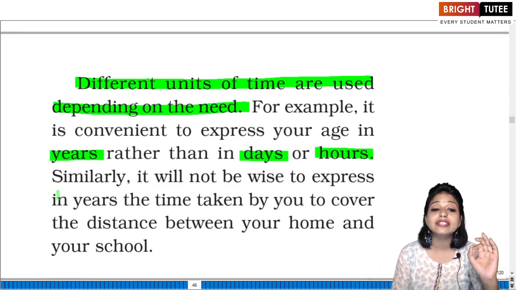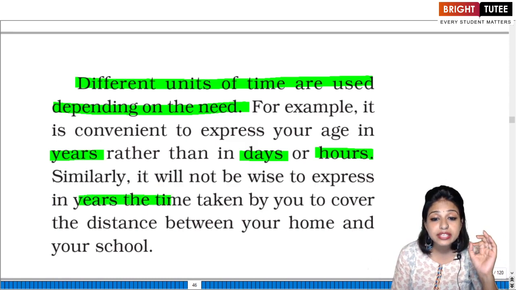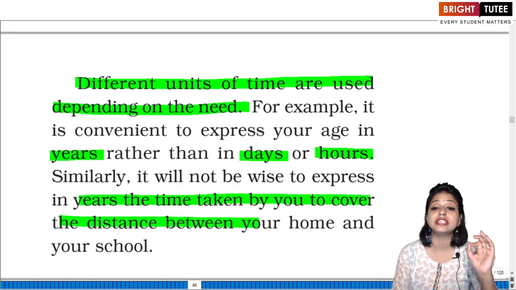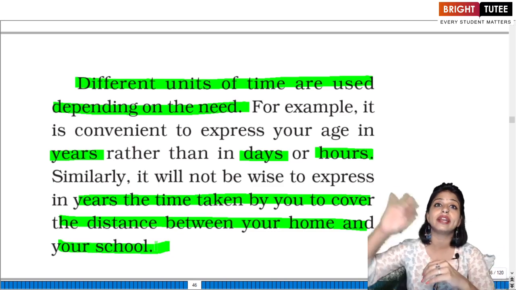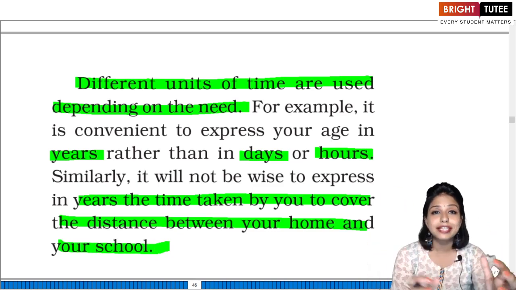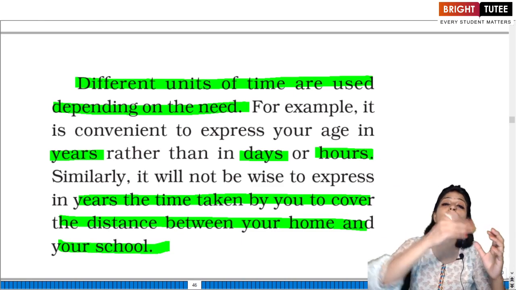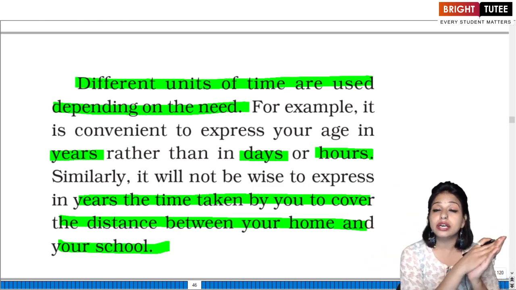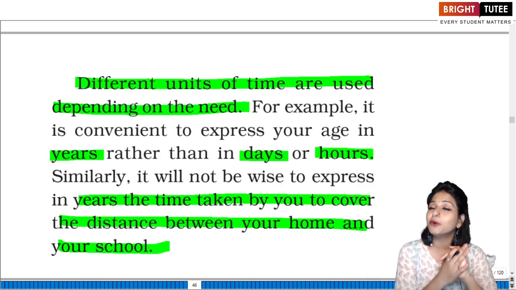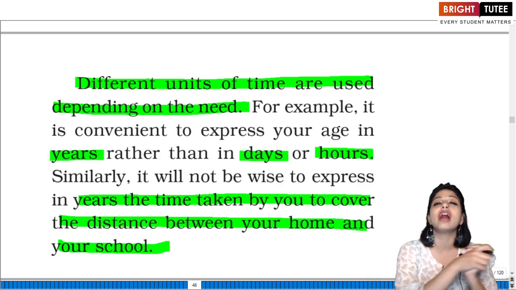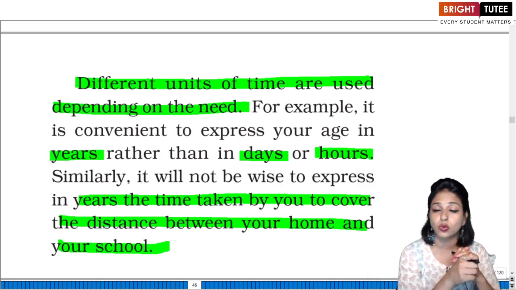Similarly, it's not wise to express the time taken for you to cover the distance between your home and your school in years. So if you're going to your school, you will not say I took 1.5 years. You will not say that. You will not say I'll take 0.11110 years. That will not be the convenient or the wise way to say it. It would be more of a teasing way of telling someone how much time you are taking to go to school, right?